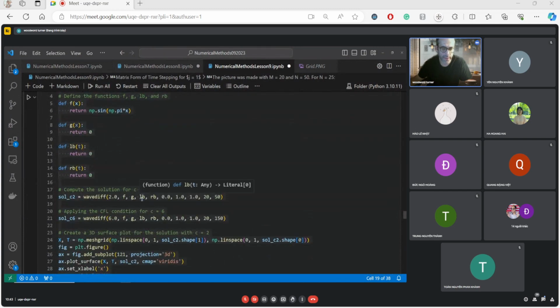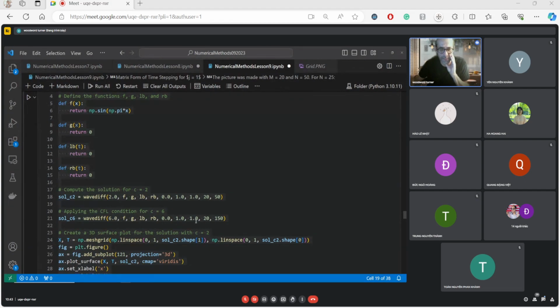Okay, so that's probably enough time to see what we get. All right, let's see how we do this. The CFL condition says that c times k over h has to be less than or equal to 1 for stability. Remember, c is the wave speed, k is the time step, and h is the spatial step.